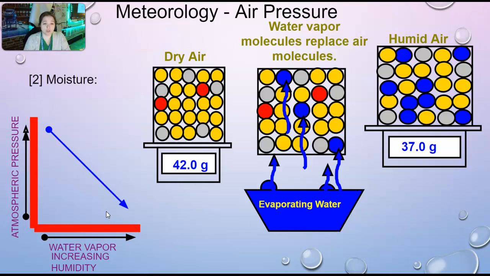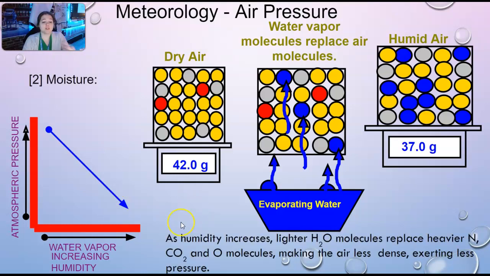And when you look at moisture, as humidity increases, as we add more and more water to the air, it replaces the heavier elements like nitrogen, which has two of them together, carbon dioxide, and oxygen, which has two of them together, making the air less dense, and it exerts less pressure.